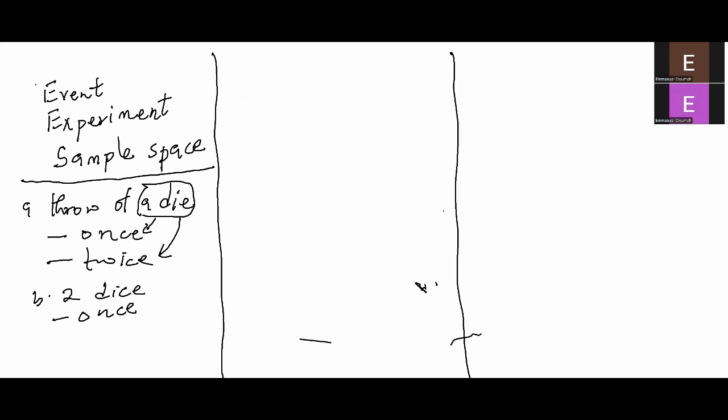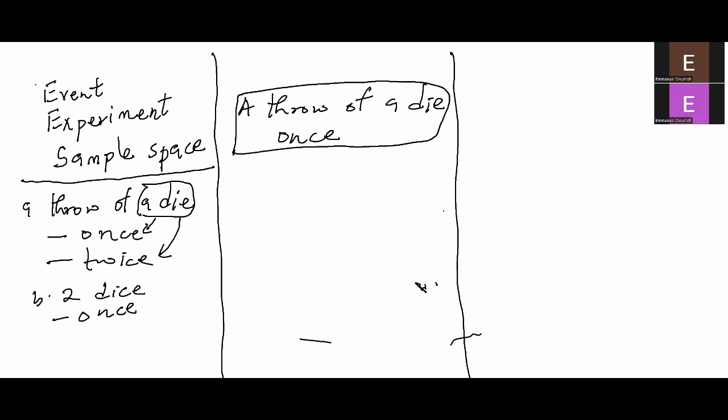Now, the question said we are throwing it once. So the experiment from this question is a throw of the die, and then we are throwing it once.